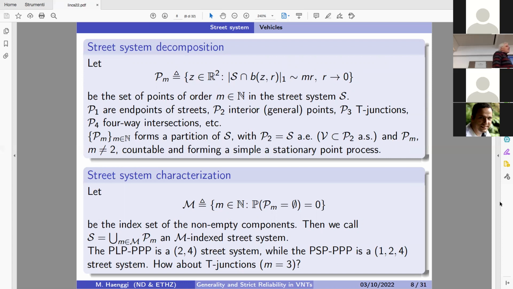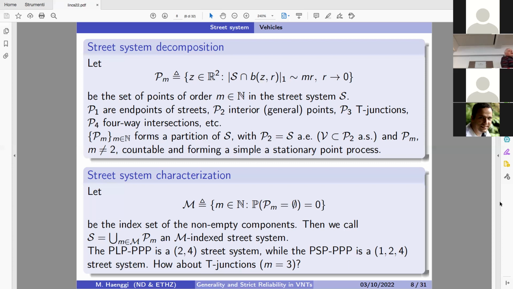That gives us a parameter m, a natural number. P1 are the endpoints of the streets. If we put a little ball there, then the number of vehicles can only grow in one direction because we are at the end of a street.